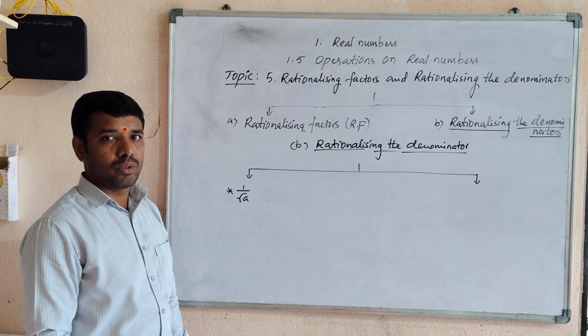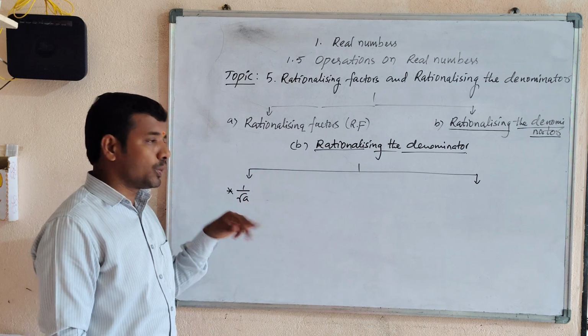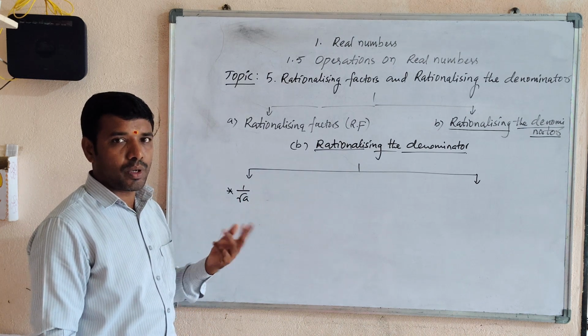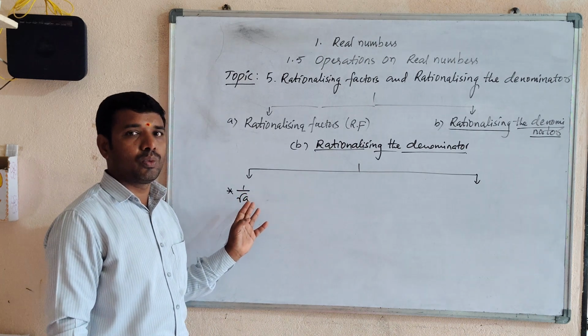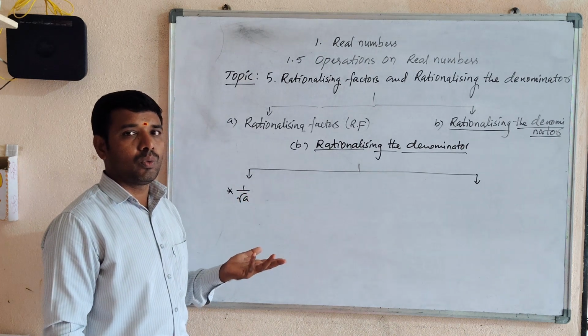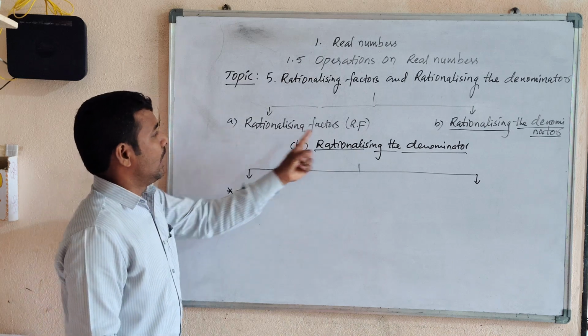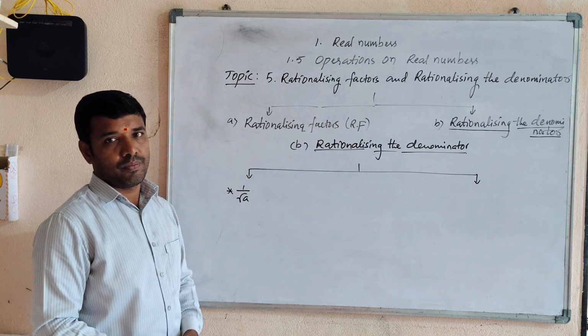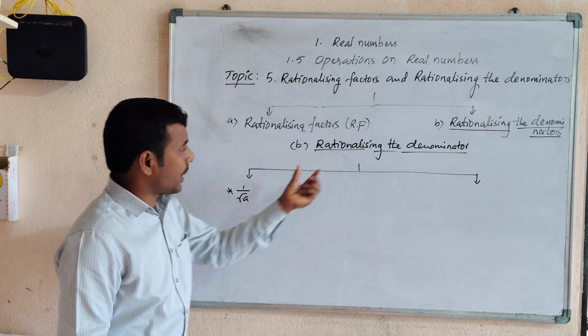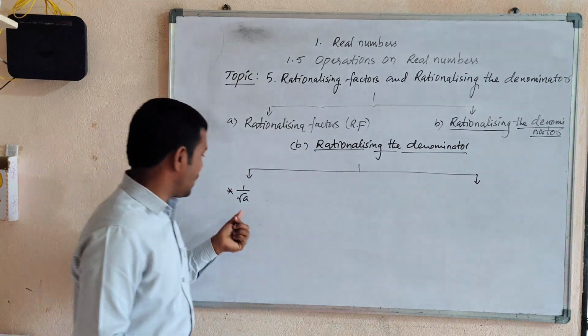To overcome those problems, that we are unable to represent it on the number line and unable to find its value, we have to depend on the RF, that means the rationalizing factor concept. Mainly, we have to rationalize the denominator. Who is the denominator?